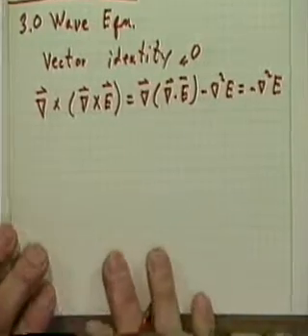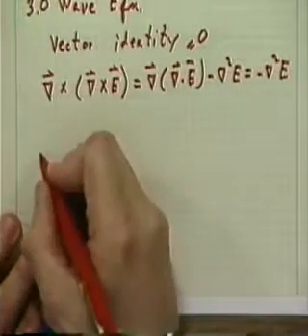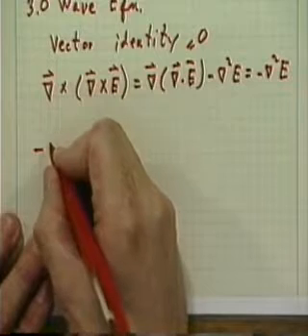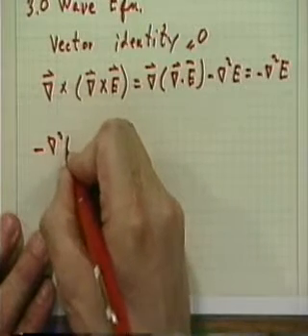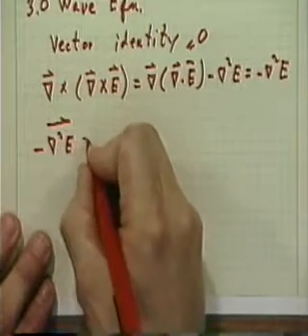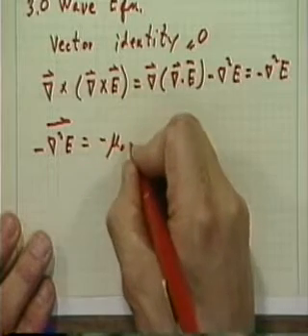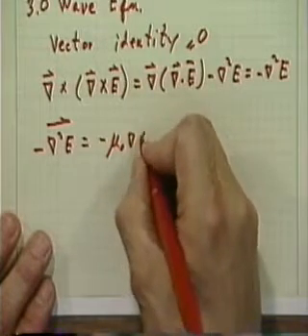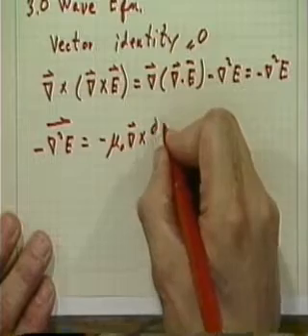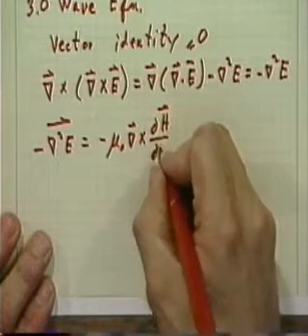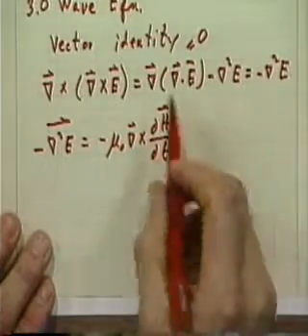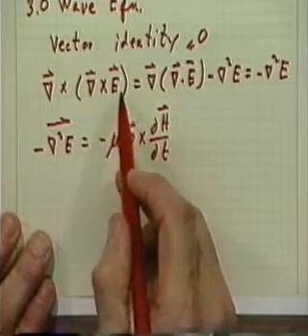And so what we have here is that minus del squared E is minus mu naught del cross partial of H with respect to t. Again, we get that from Maxwell's equations.